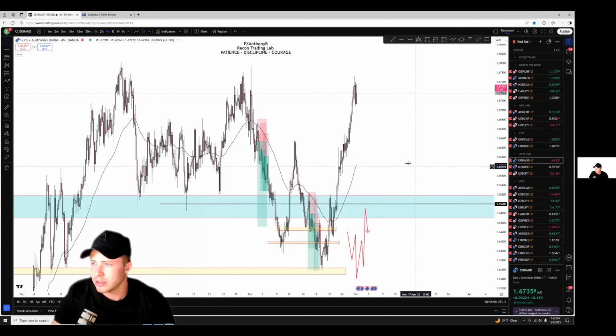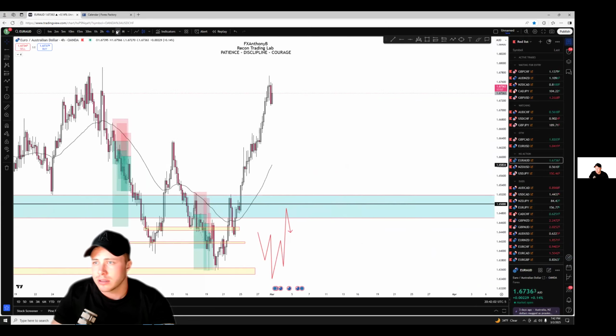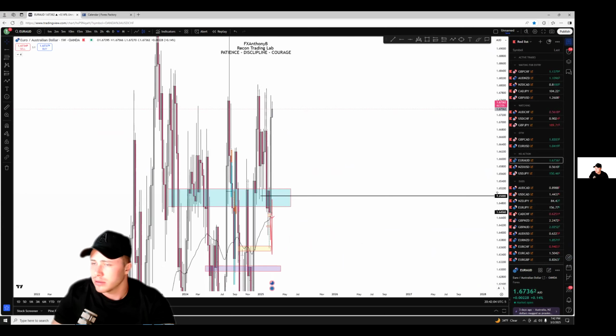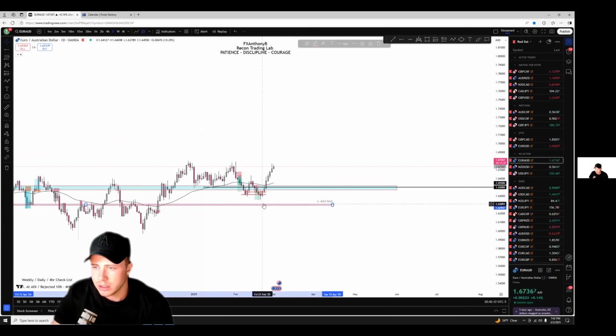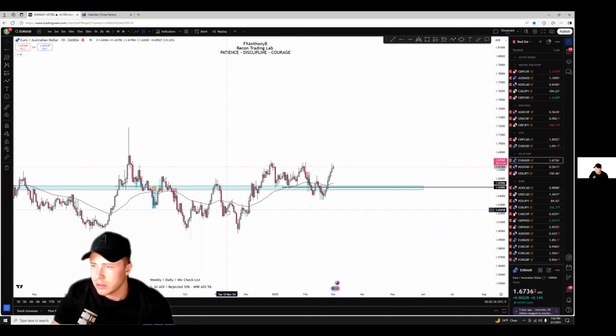Euro AUD. That doesn't look pretty. Weekly is bullish. Daily is bullish. Could see a giant pullback. We are running into a daily area of interest at this zone here.